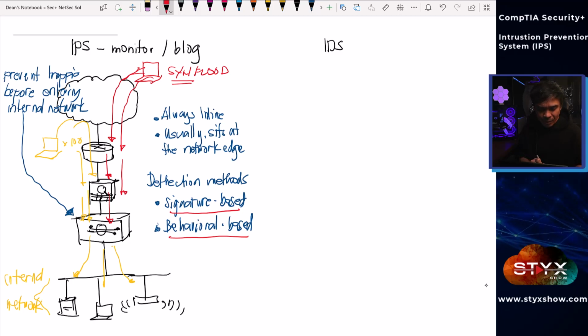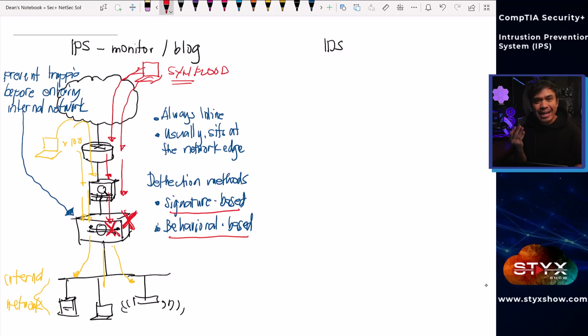Okay, so this IPS detects that this activity is outside normal behavior. Okay, and when it's outside normal behavior based on the baseline that we created, it will consider it as a potential attack and it will block the traffic. Okay, again, SYN flood or traffic outside the normal behavior or normal pattern will be blocked.